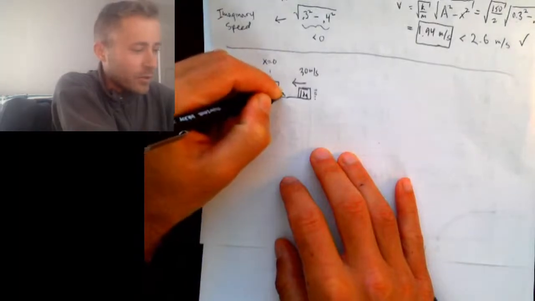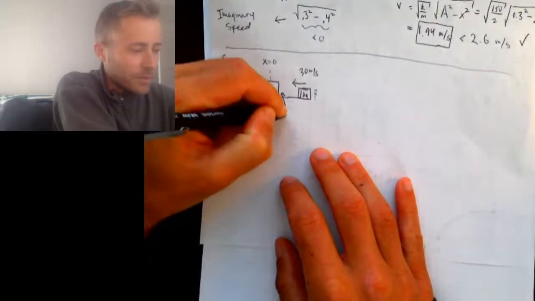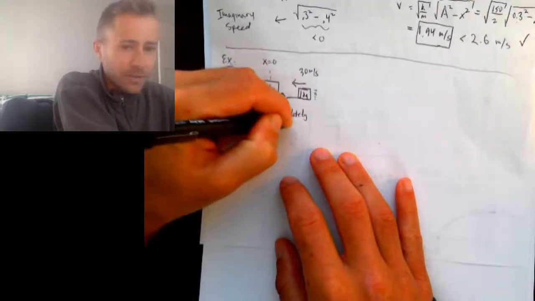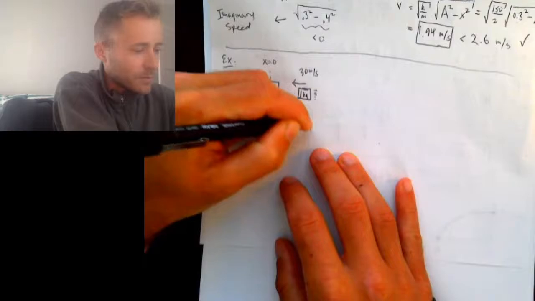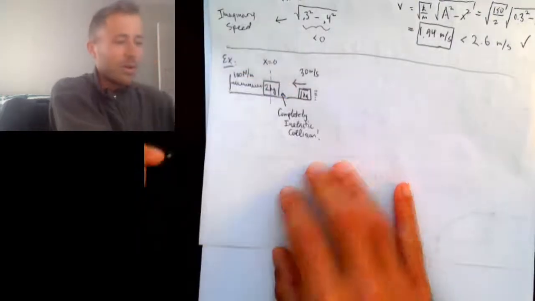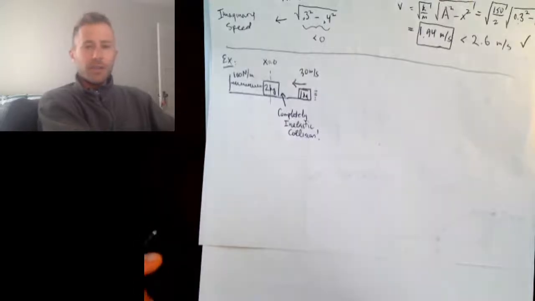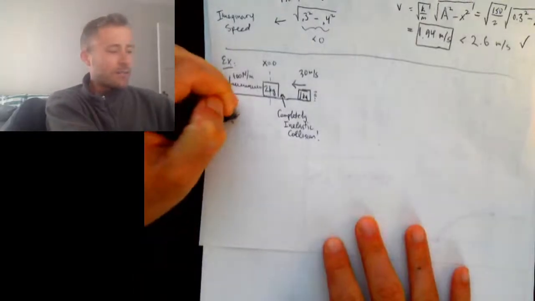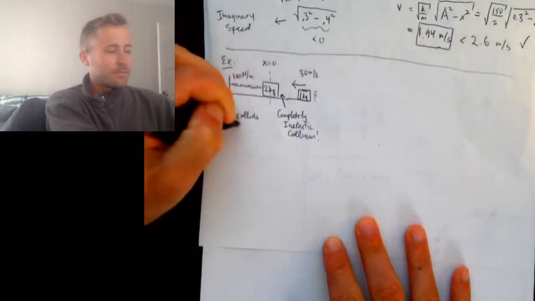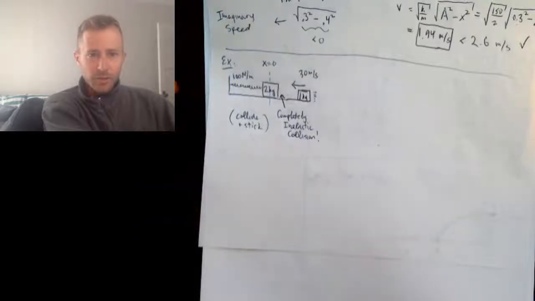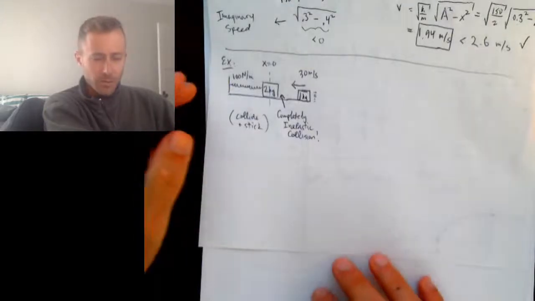So let's suppose that they have a completely inelastic collision. If you recall, a completely inelastic collision means that they collide and stick. Okay? So anytime there's a collision, momentum is going to come into play.